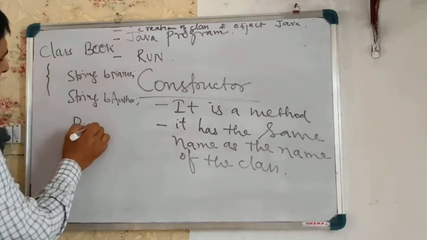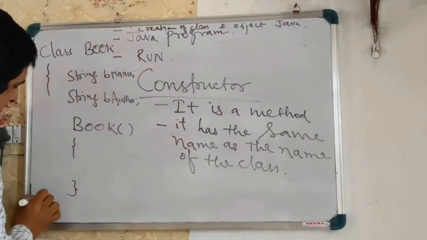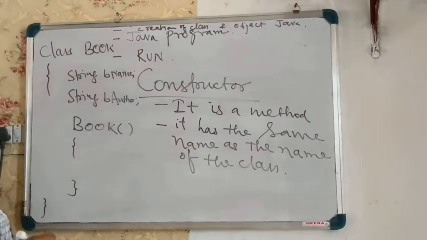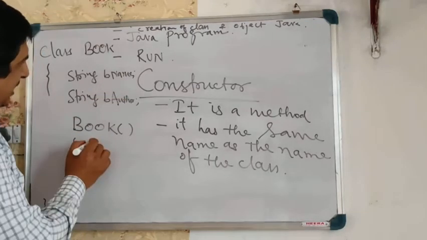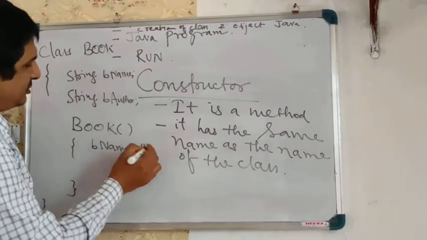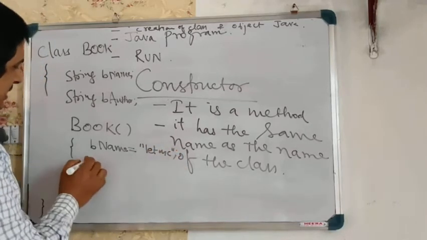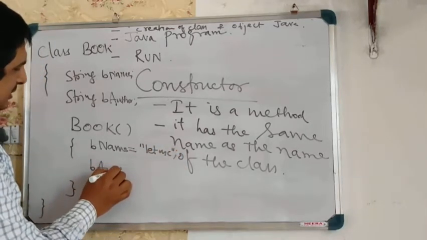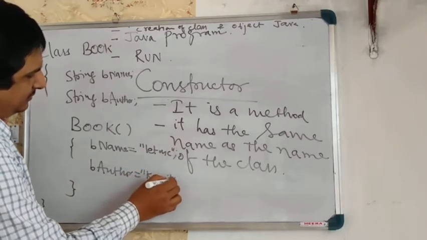Now we have a method with the name Book. Within that method you can write anything, whatever you want to write. bname equals to, let us see, and bauthor equals to Kanitkar.